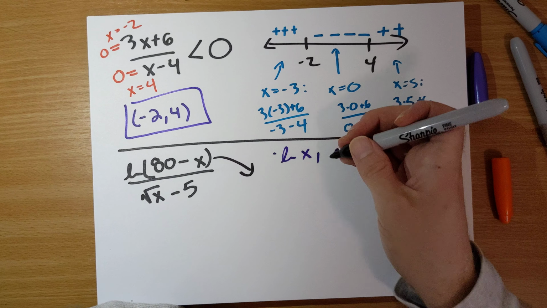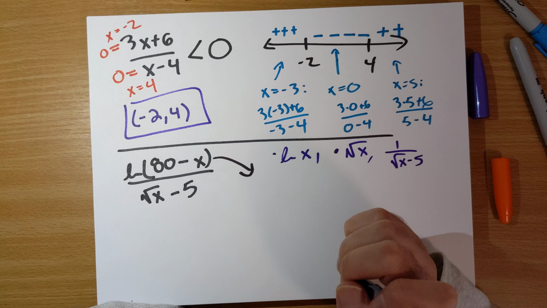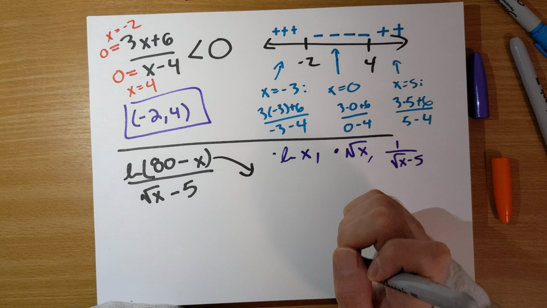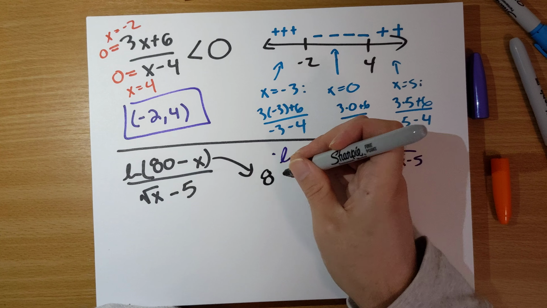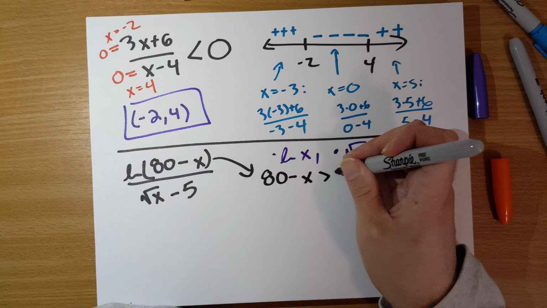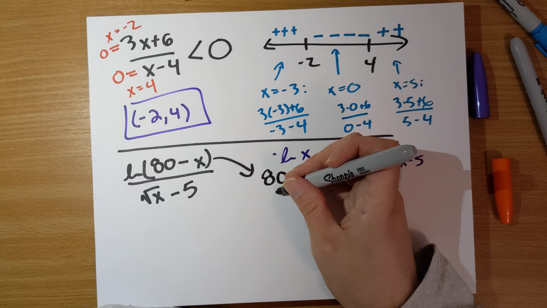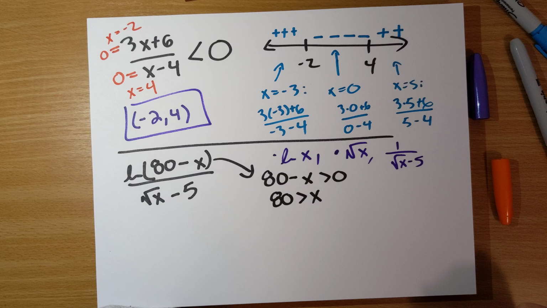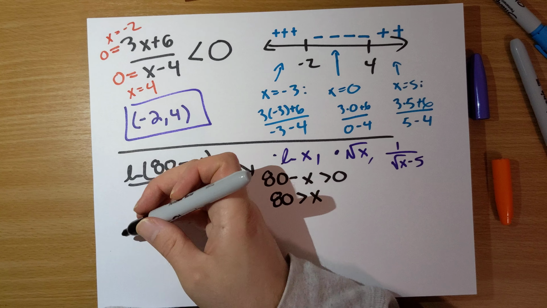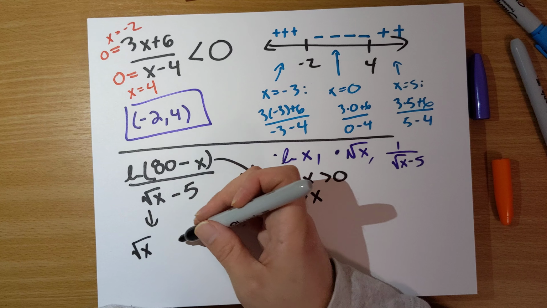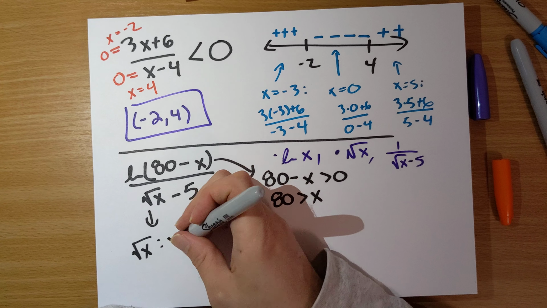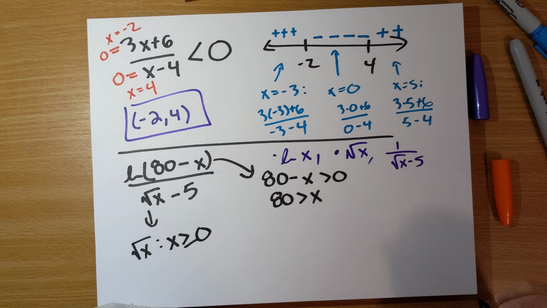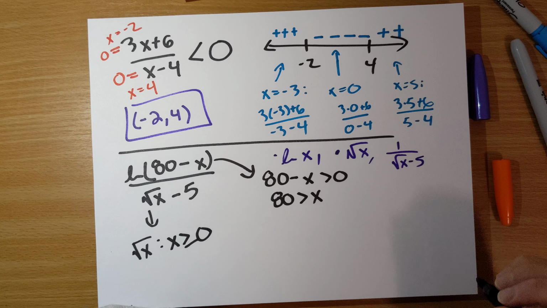So natural log of x, the domain of natural log of x must be strictly positive. So this tells us that 80 minus x must be strictly positive. This tells us that x is less than 80. Whereas the square root here, square root x, this tells us that x must be greater than or equal to 0.